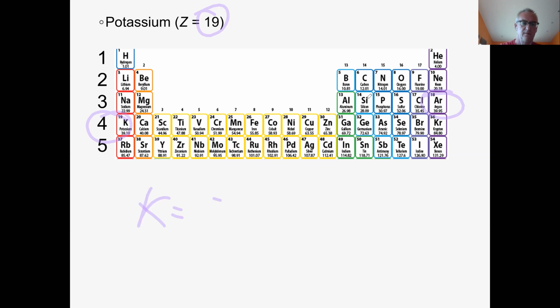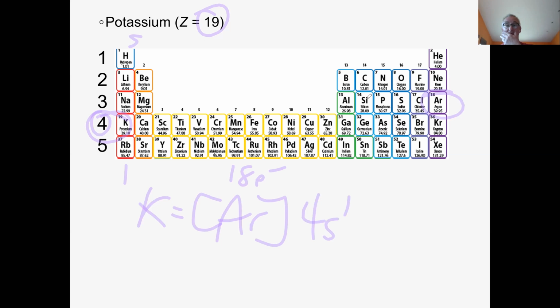Argon 4s1. There you go. Just start with argon, which has 18 electrons, and then it has 4, in the s block, in the first place, so it's 4s1.